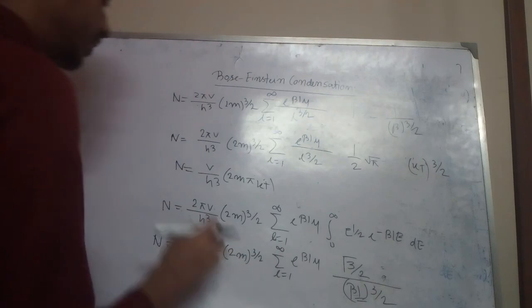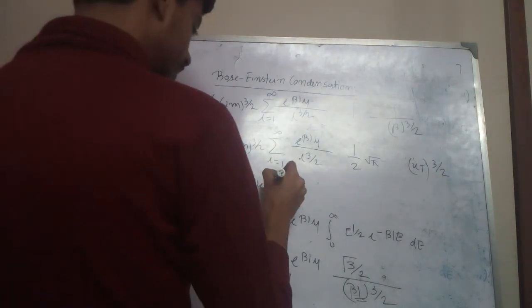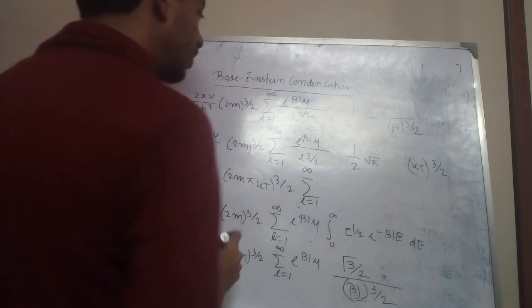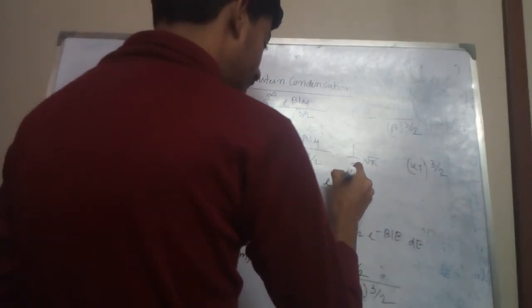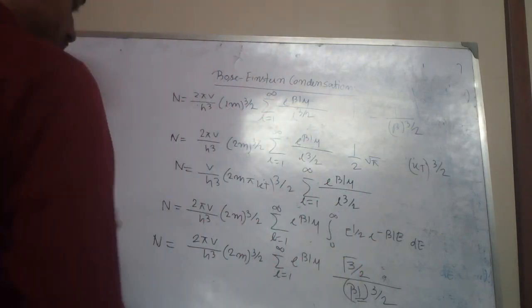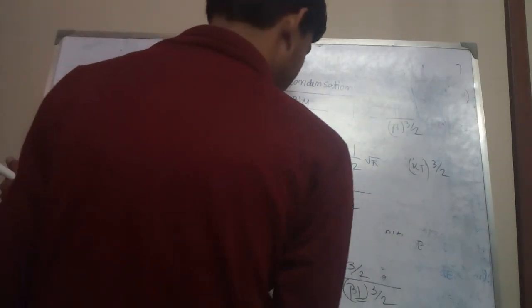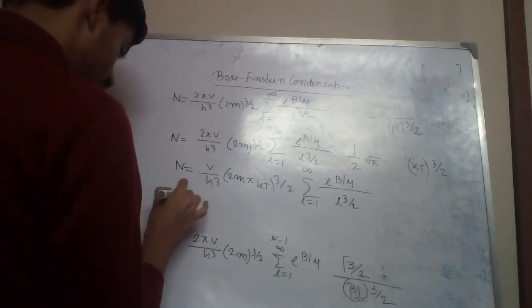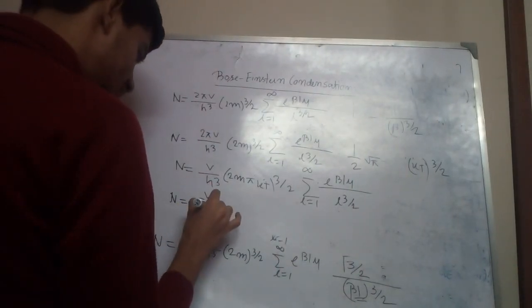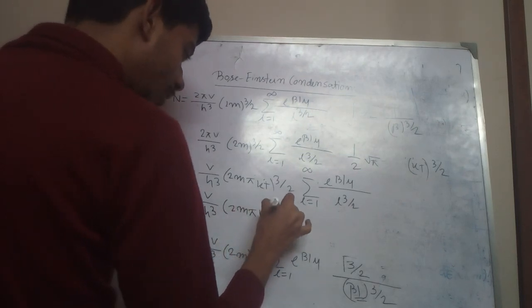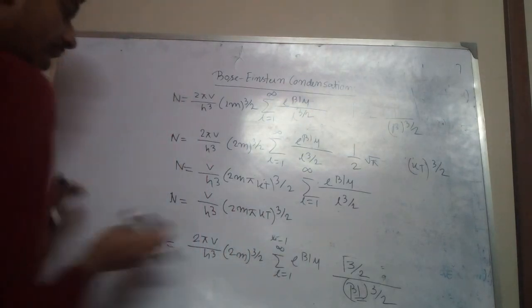So 2 pi m kT, sorry, this is (kT) to the power 3 by 2. So V by h cubed, and this term also exists, sum from L = 1 to infinity e to the power beta L mu by L to the power 3 by 2. So N is V by h cubed (2 pi m kT) whole to the power 3 by 2 times this sum.